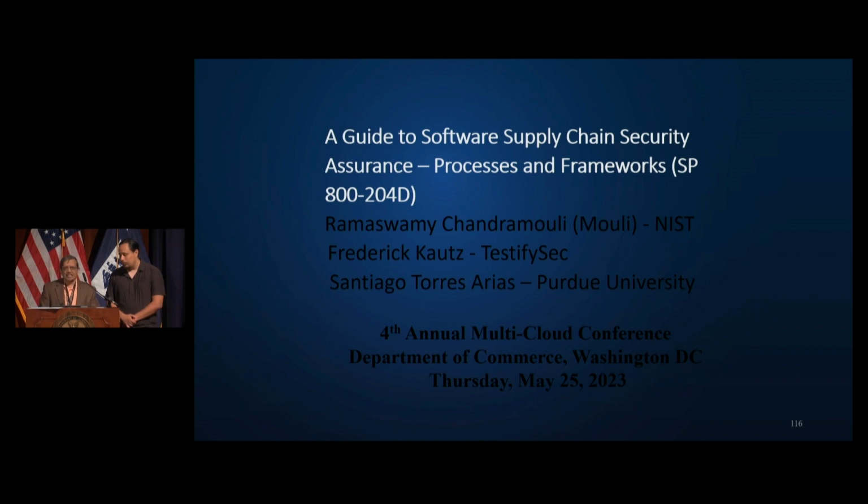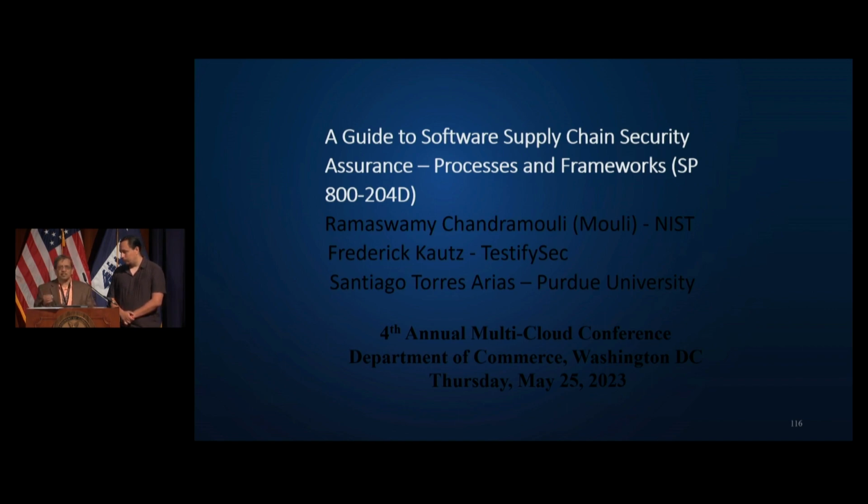Basically, we wanted to address the fact that we have been used to software development lifecycle (SDLC) processes for quite some time now, and there are many frameworks and so on. So how is software supply chain different from all of them?